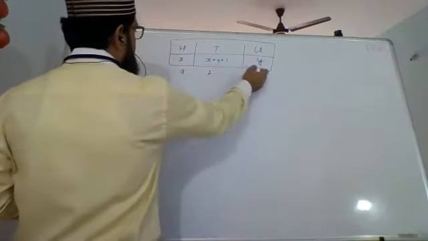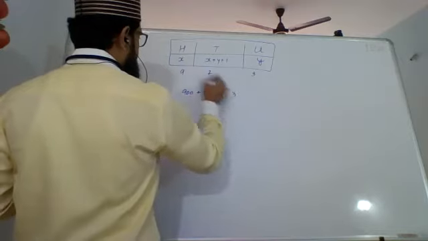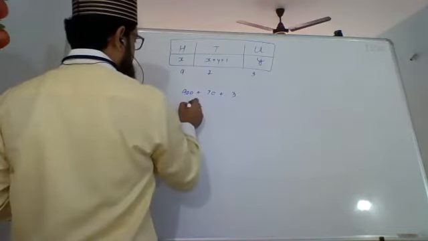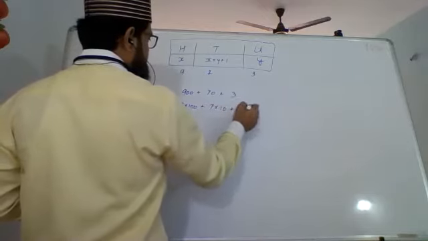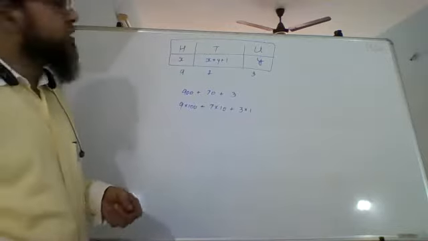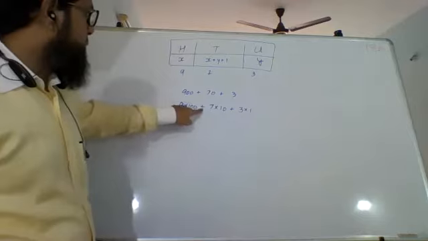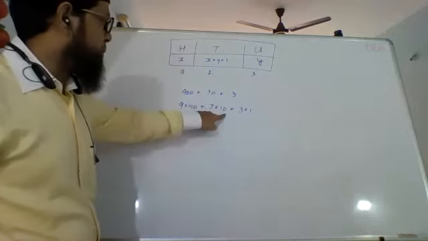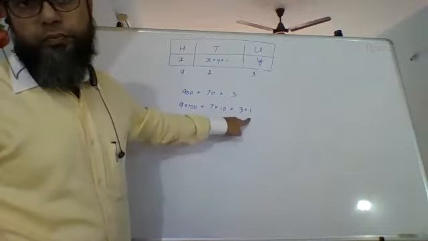This will be 900 plus 70 plus 3, which is nothing but 9 into 100 plus 7 into 10 plus 3 into 1. Correct? Basically what it means is the hundreds place digit is multiplied by 100 plus the tens digit is multiplied by 10 plus the units digit is multiplied by 1.